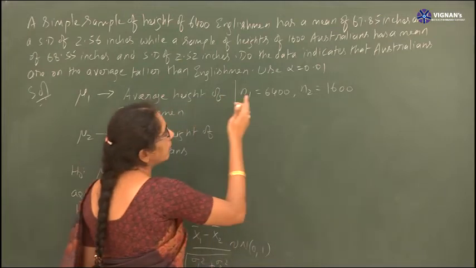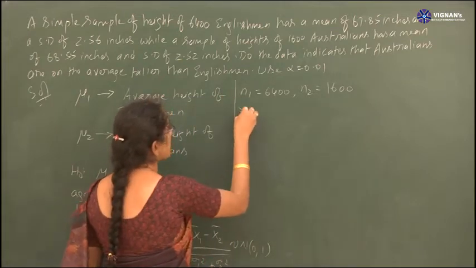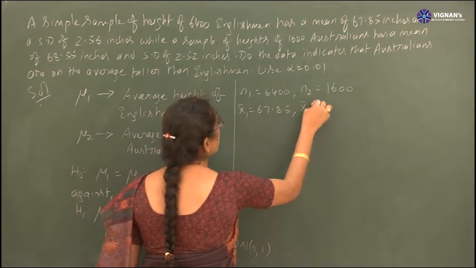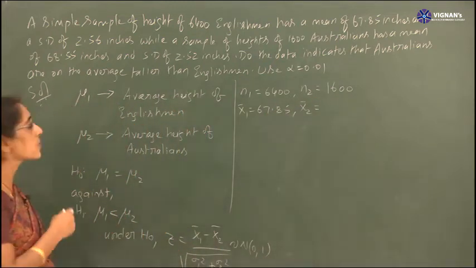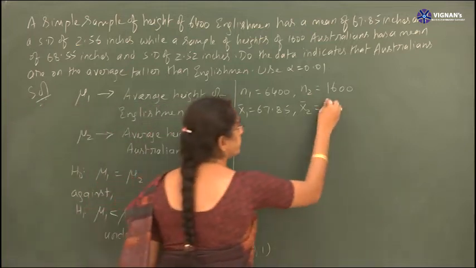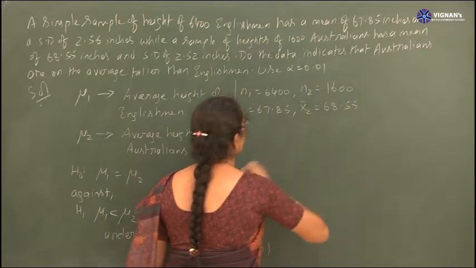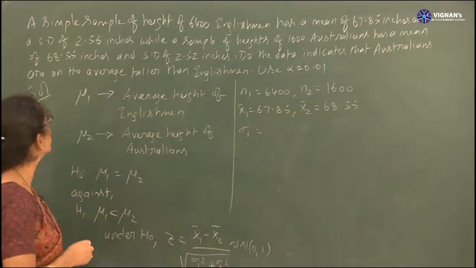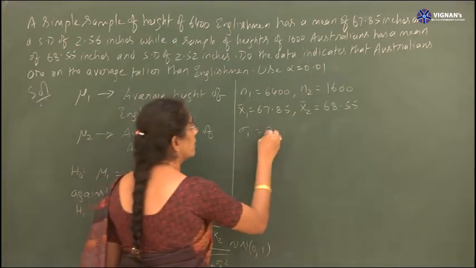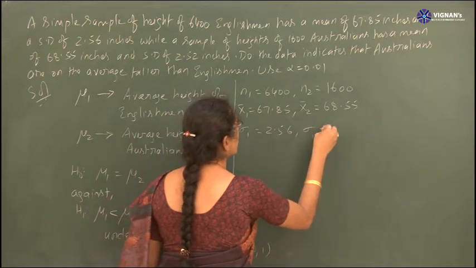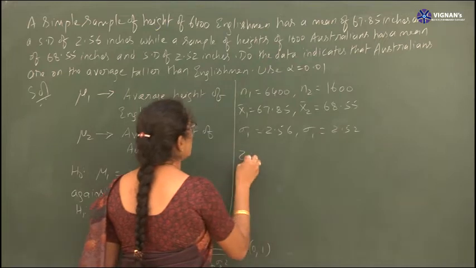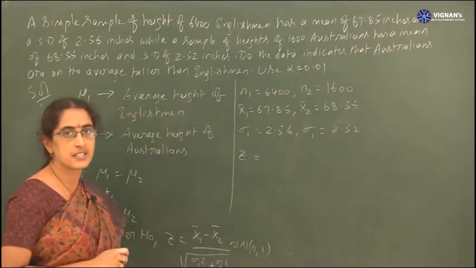Now the mean height of the Englishmen, that means x1 bar, is 67.85 and the mean height of the Australians, x2 bar, is 68.55. Then sigma 1, the standard deviation of the Englishmen, is 2.56 and the standard deviation of the Australians is 2.52.